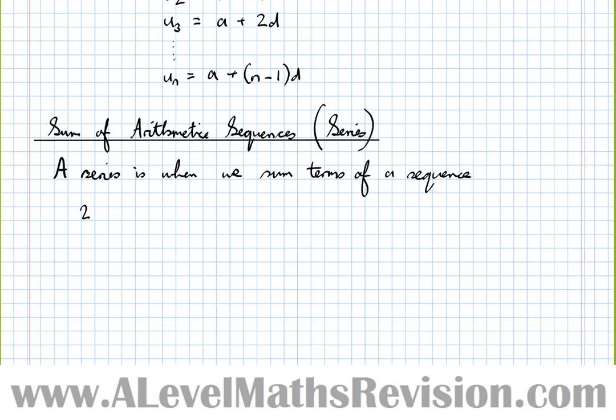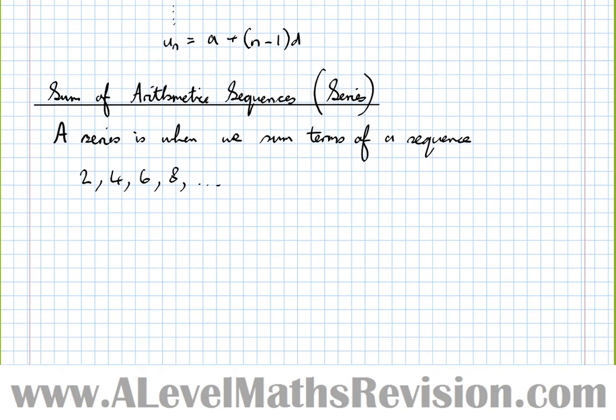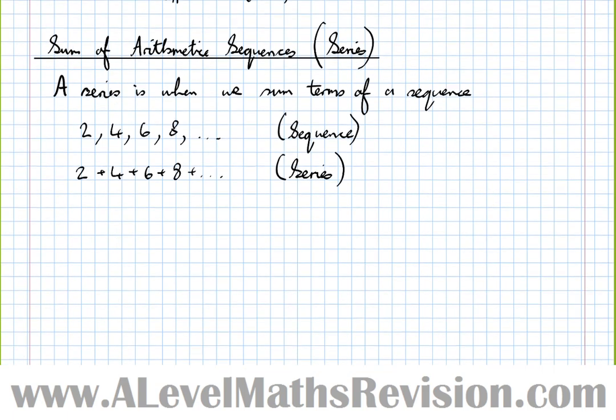So let's say we've got 2, 4, 6, 8, and so on. That's a sequence, a list of numbers. As soon as we start adding the terms together, 2 plus 4 plus 6 plus 8, and so on, that becomes a series. So the act of adding a sequence makes it a series.